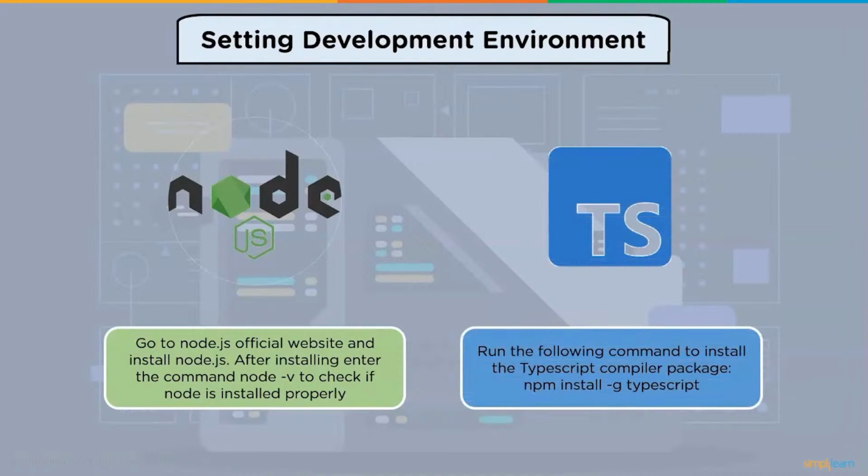To install TypeScript, run the command npm (node package manager) install -g typescript in the command prompt, and this will install TypeScript. So let's jump to the browser and see the installation of Node.js and TypeScript. Then we will go to Visual Studio and see the different components like loops, variables, and data types with examples.